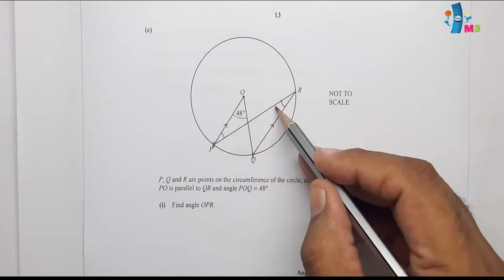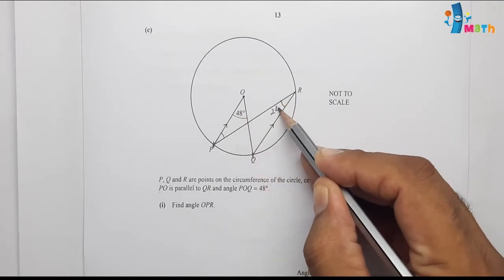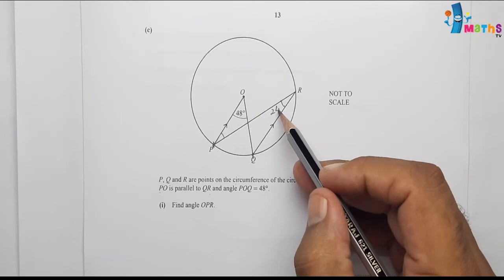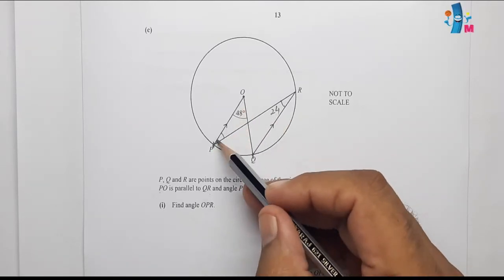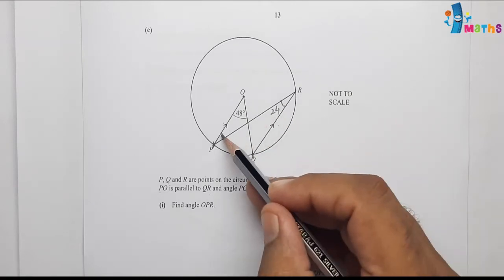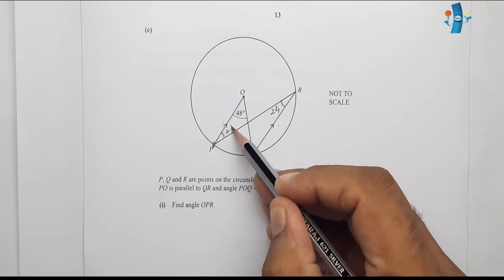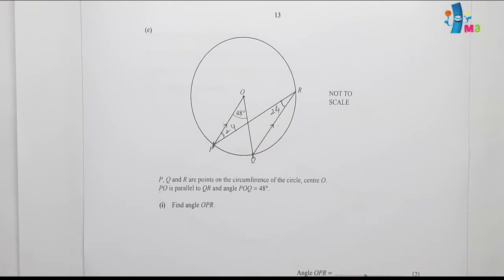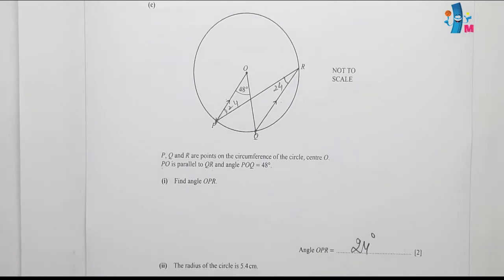So this is 48, so this will be 24 by the rule, and we know these two lines are parallel to each other. This is 24, so this will also be 24. So this angle will be 24 degrees.